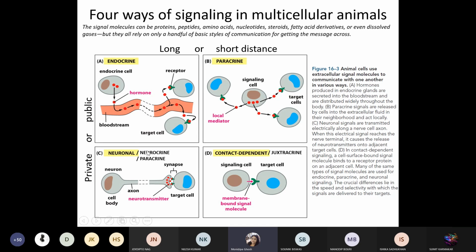Now, if you look at this neuronal or neurocrine system, the neurons' action is very distantly organized, meaning very long actions, and the neurotransmitter is the chemical which has to be secreted. These neurotransmitters are released in the synapse, the site between the target cell and the neuron.